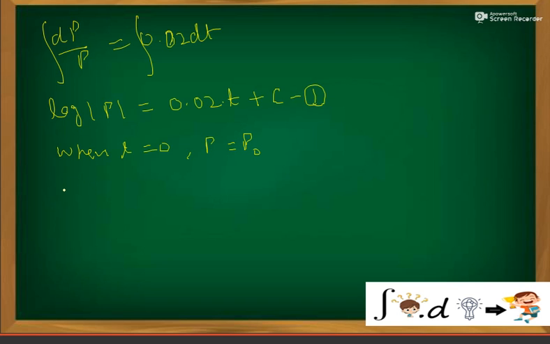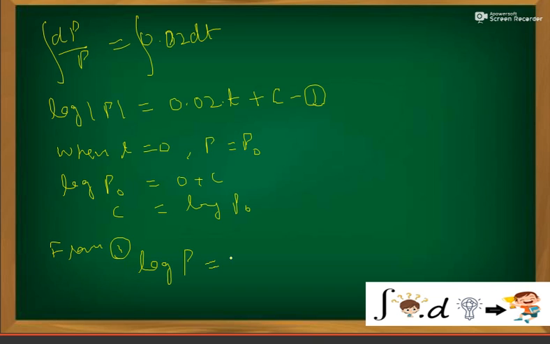Therefore from 1 it becomes log P naught is equal to 0 plus C. It means the value of C is equal to log P naught. Now substitute this value in equation 1. Therefore from 1 it becomes log P is equal to 0.02 t plus log P naught.